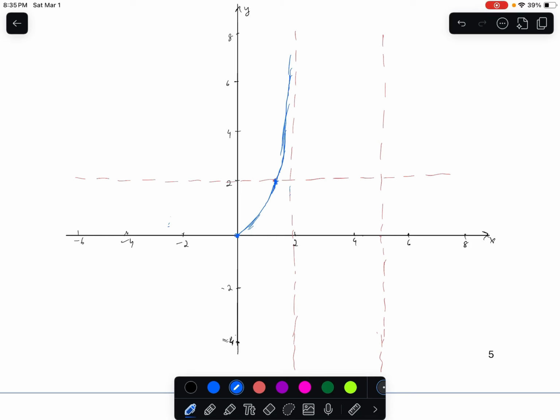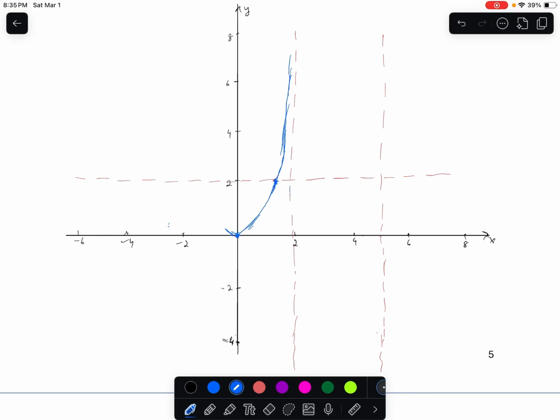If I do this, it means I'm going below the x-axis, but in this region the function is positive, so it cannot go below the x-axis. It must stay above the x-axis. So how should it behave? If it goes like this, then it is crossing the horizontal asymptote there, which is not possible.